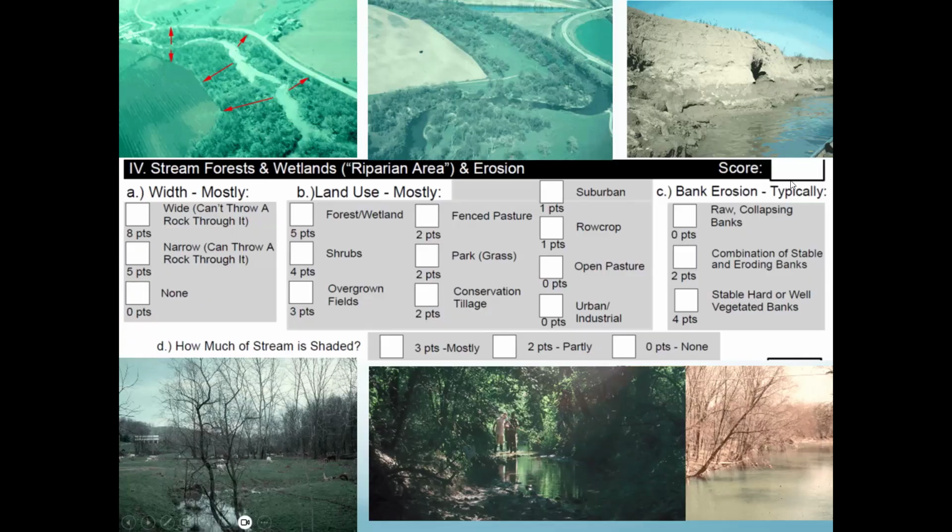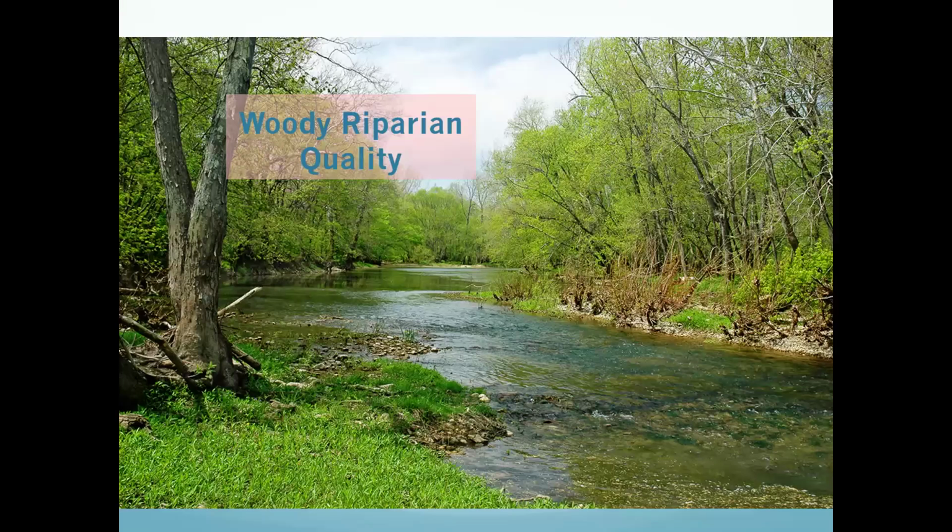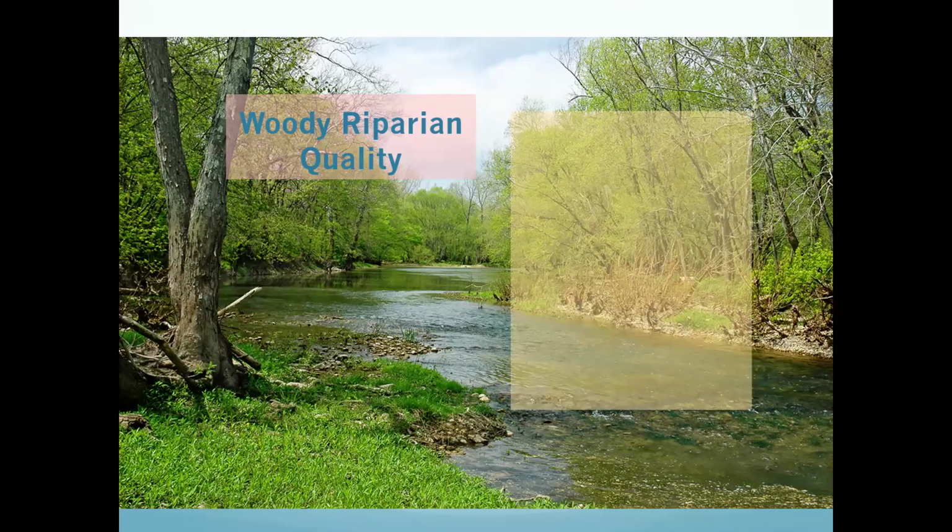And then I'll mention this score box here after you check your boxes for each component, A, B, C, and D. You'll put your score in that top right box, just a cumulative score for that metric. All right, woody riparian quality. It says this affects increase in importance as they accumulate in the watershed.